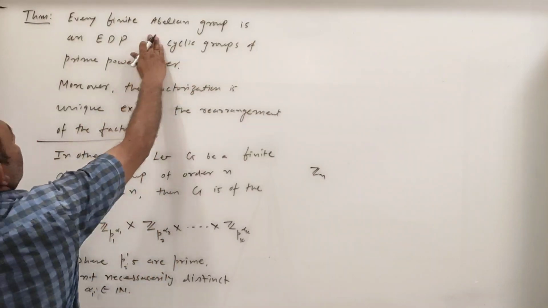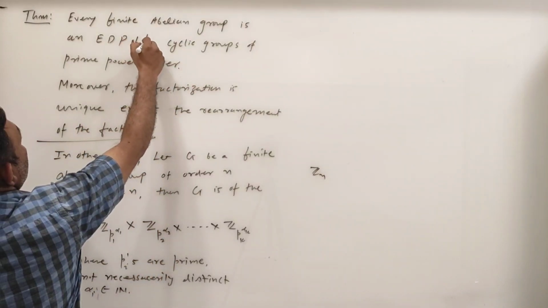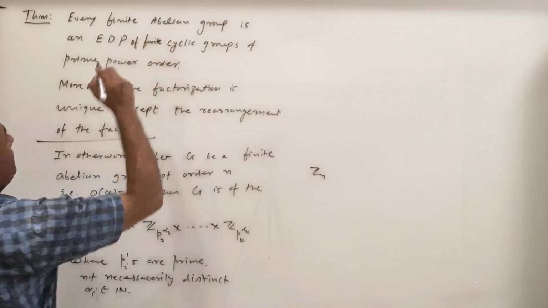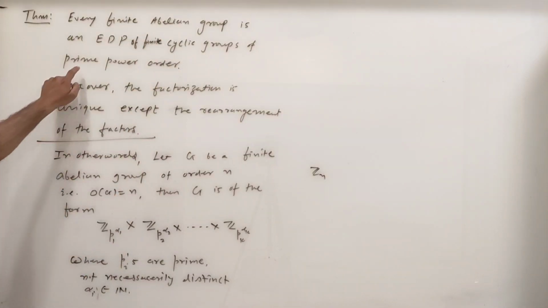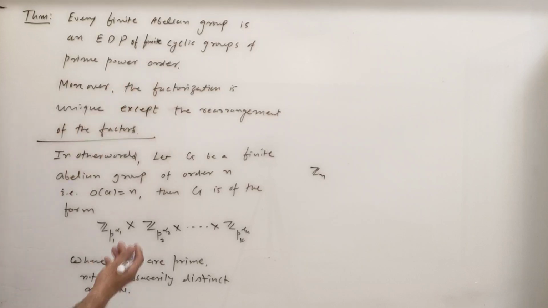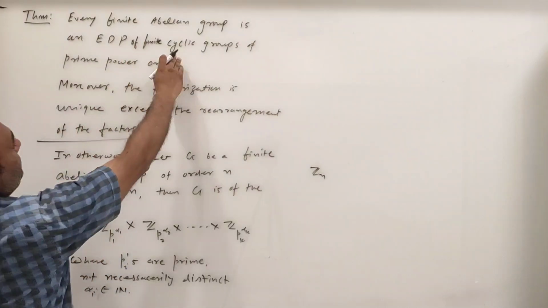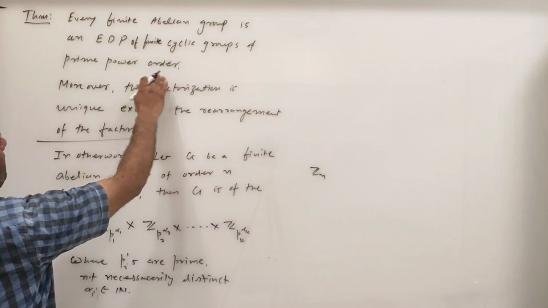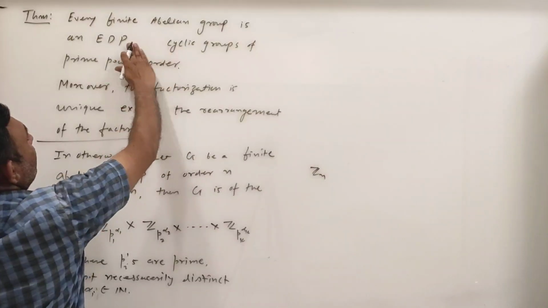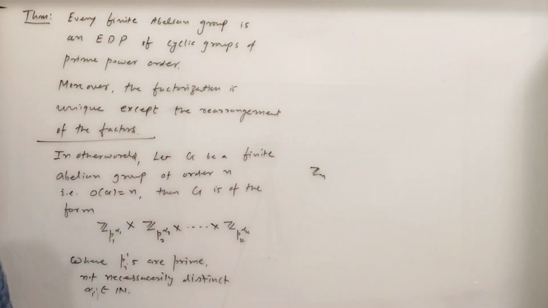I have to write here EDP of finite cyclic groups of prime power order. I think no need to write here finite, because a cyclic group of prime power order is automatically finite. So EDP of cyclic groups of prime power order, right?